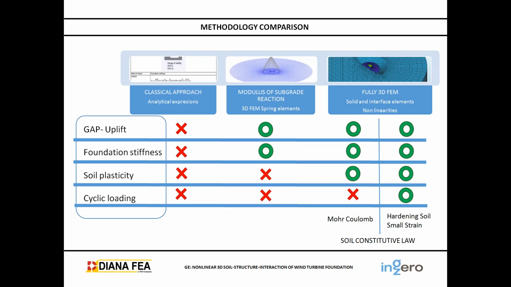For the fully 3D FEM models, depending on the constitutive law of the soil, we have the Mohr-Coulomb, which doesn't include cyclic loading because it has the same modulus for loading and reloading or unloading, and the hardening soil small strain, which has all the nonlinearities included.